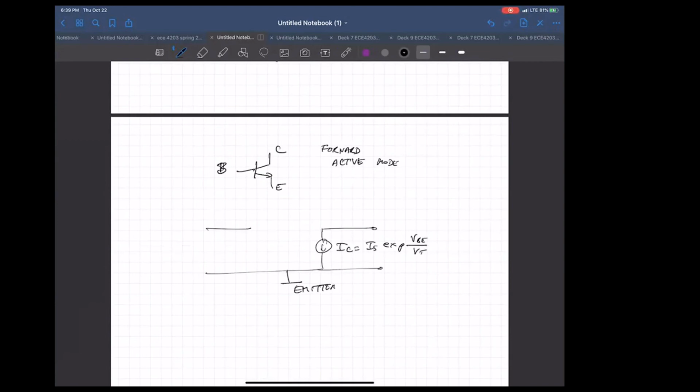So in the output, when you're in forward active mode, in the output where the collector is, it looks like you have a current source, the output of which depends on the input VBE. And on the VBE side, it looks like you have a diode going from the base to the emitter.